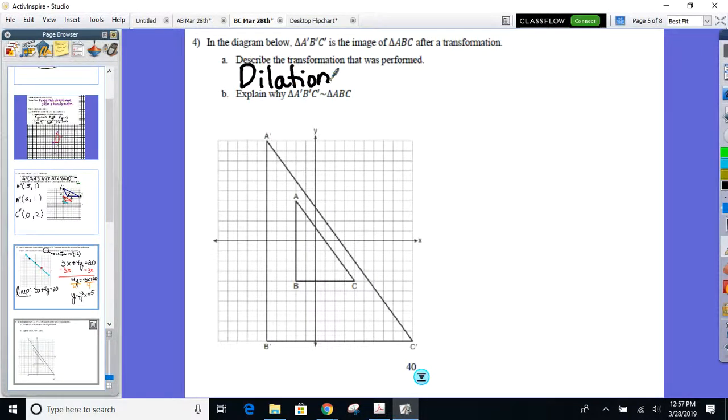A dilation with scale factor. Got to tell me what we're dilating by. I'll let you guys figure that out on your own. What's your scale factor here? In the correct order, because you are enlarging it.